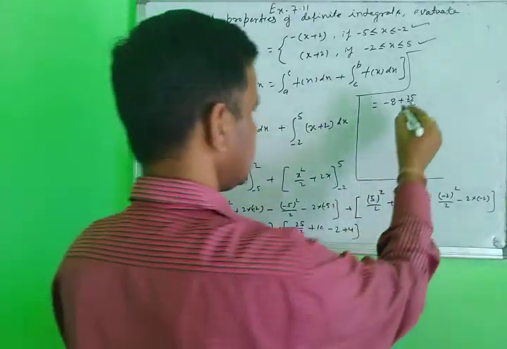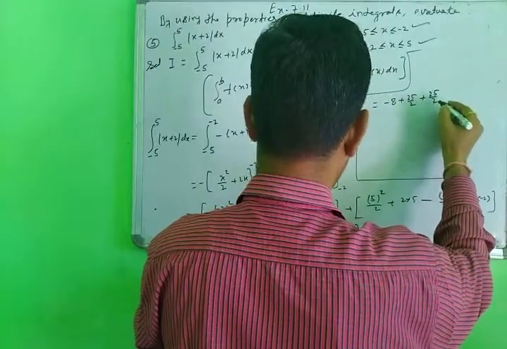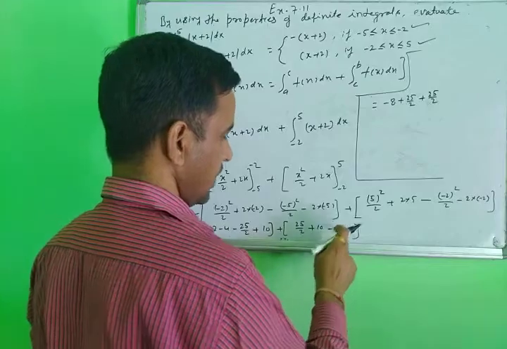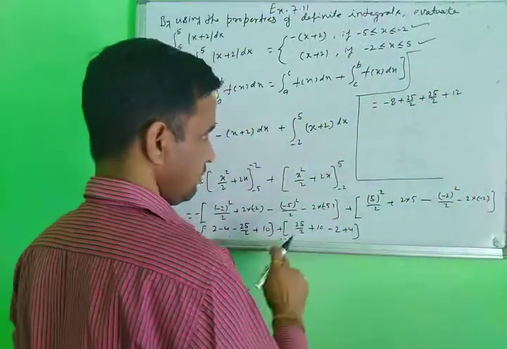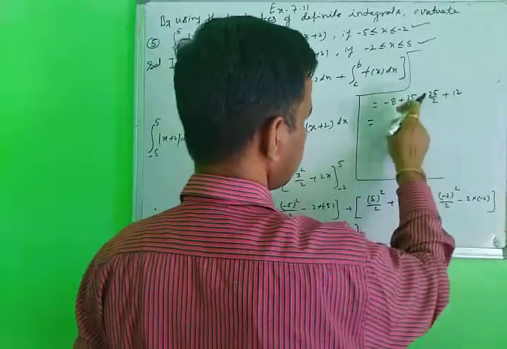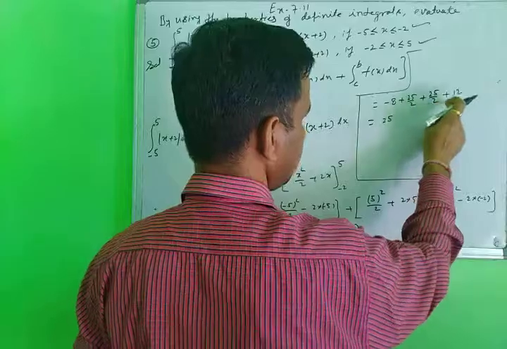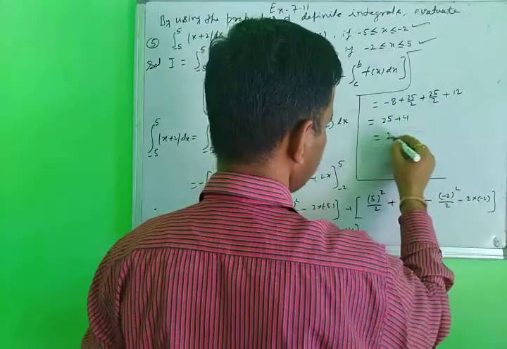Same thing here, plus 25 by 2, plus 10, 10 minus 4 and minus 2 gives 12, plus 12. Then you add: 25 by 2 plus 25 by 2 is 25, both are added, 10 plus, then minus plus 4. So the answer here comes to 29.